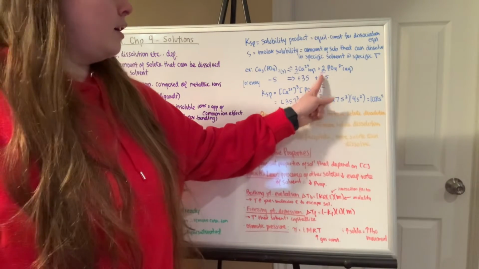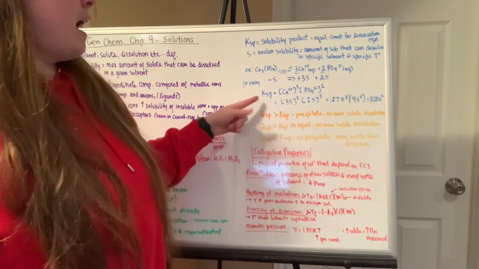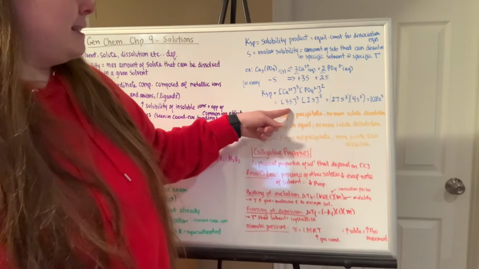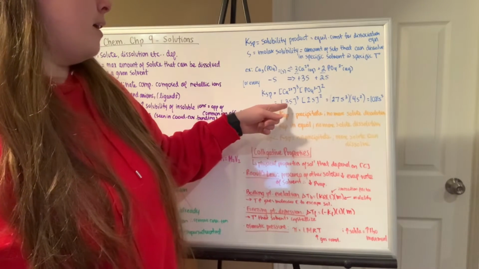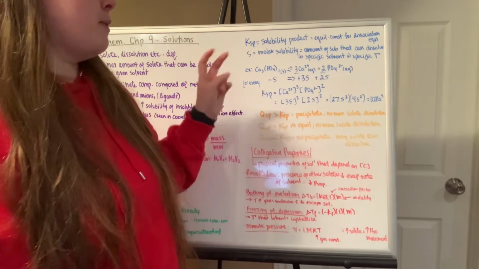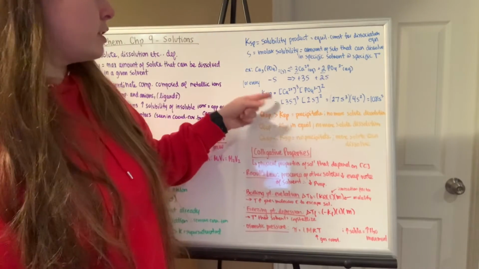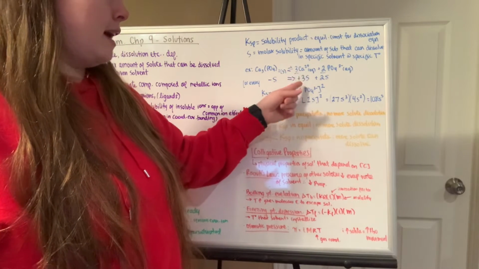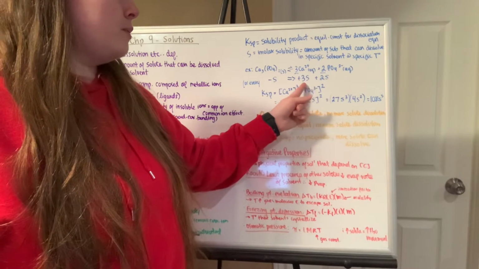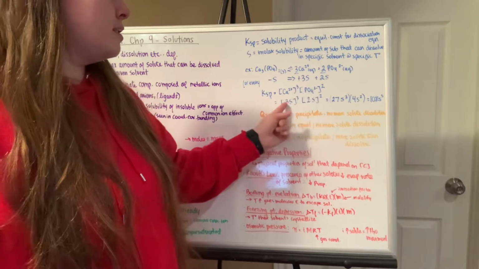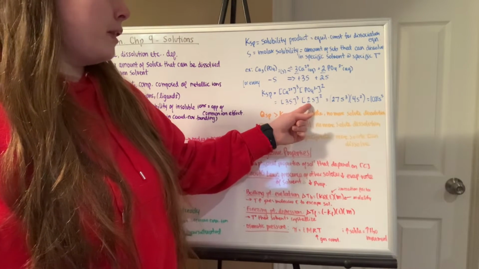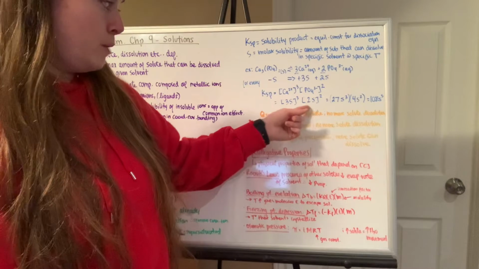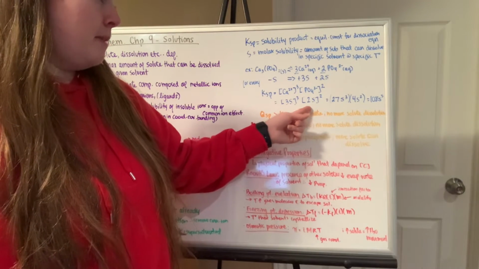You take that one step further and replace it with the S's, the molar solubility. So it's going to be 3S for calcium, and the PO4 3- would be represented by 2S.